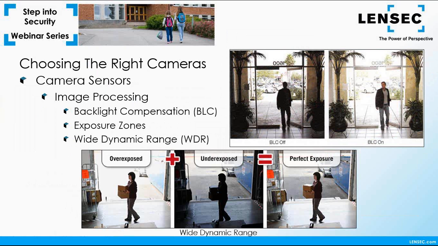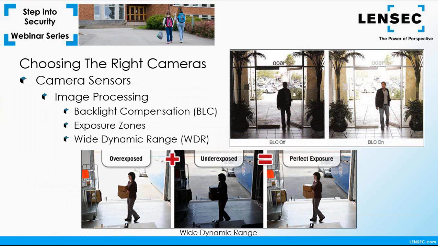Wide dynamic range is a camera sensor feature that handles a wide range of lighting conditions in a scene. In a scene with extremely bright or dark areas, or in backlight situations where a person is in front of a bright window, the typical camera produces an image where objects in the dark areas might hardly be visible, such as we see at the bottom of the screen, our example in the middle.